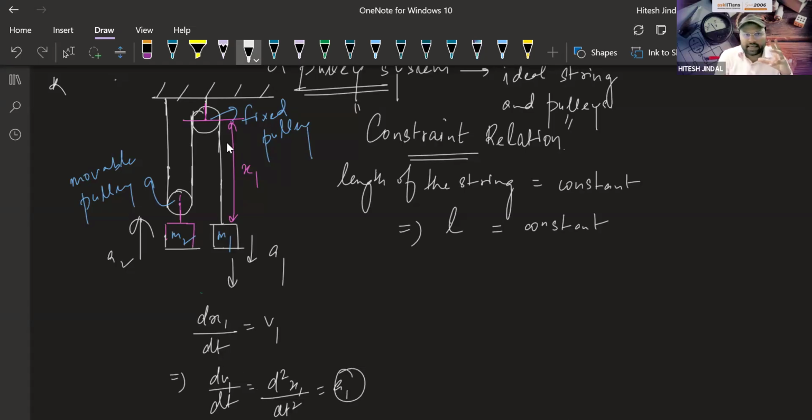If this is x1, then the change in x1 with respect to time is the velocity. The rate of change of x1 is the velocity of m1, right? Obviously, x1 will increase if it goes down. And the rate of change of velocity of m1, that means the double differentiation of x1 with respect to time, is the acceleration a1. Is it correct? Yes, sir.